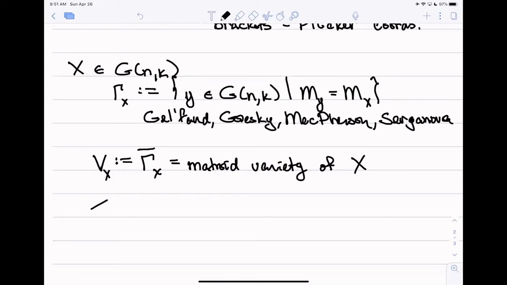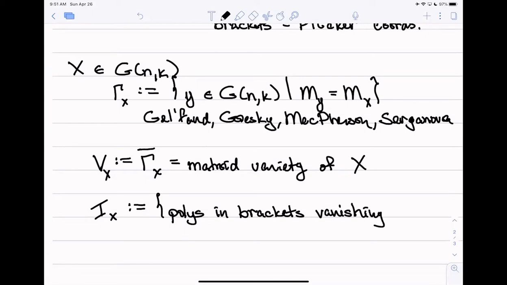So the thing I'm really interested in is what I'll call I X. As a set, this is the set of all polynomials written in terms of these brackets, or Plücker coordinates, that vanish on all of the matroid variety. This set, if you know algebraic geometry, is an ideal.